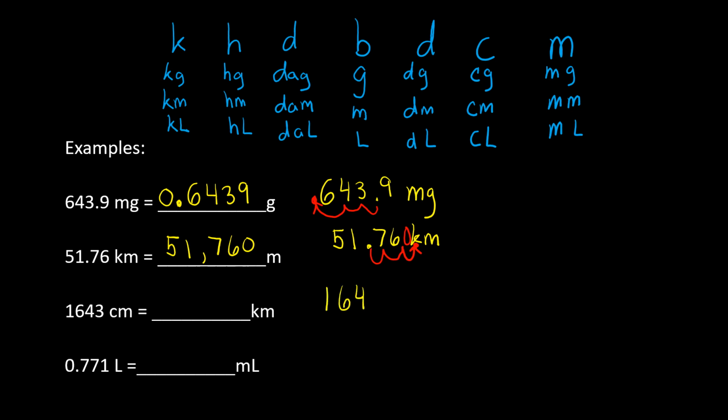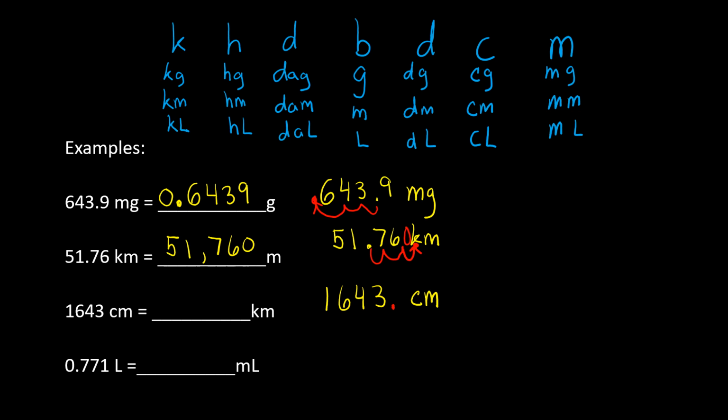All right, the next example is 1,643 centimeters, and we want to change that to kilometers. So looking up here, from centimeters, we need to move the decimal point 1, 2, 3, 4, 5 spots to the left. So the decimal point is here. If you have a whole number, the decimal point just goes after the last digit there.